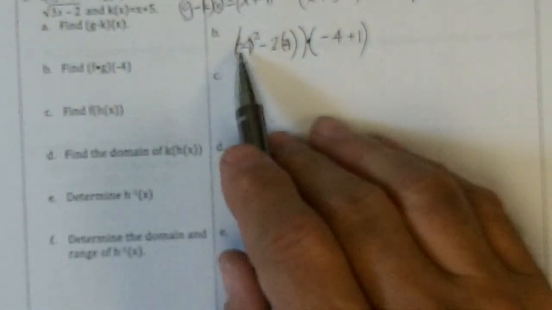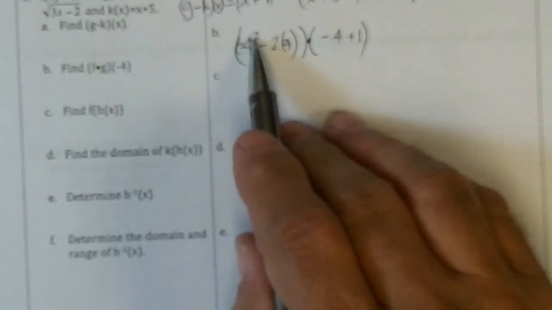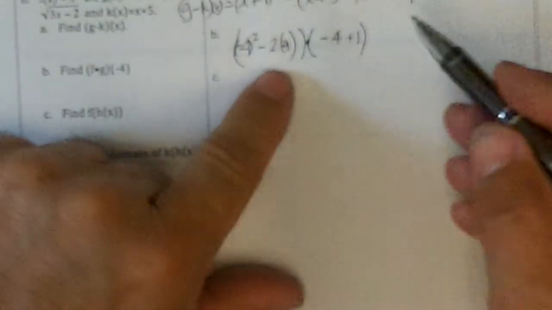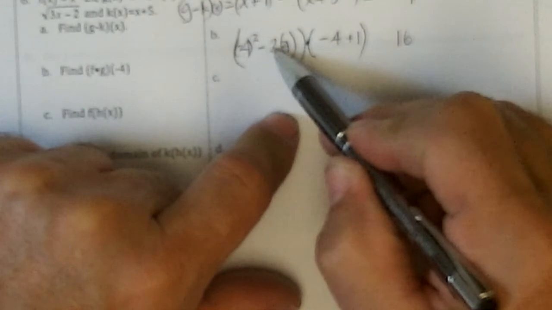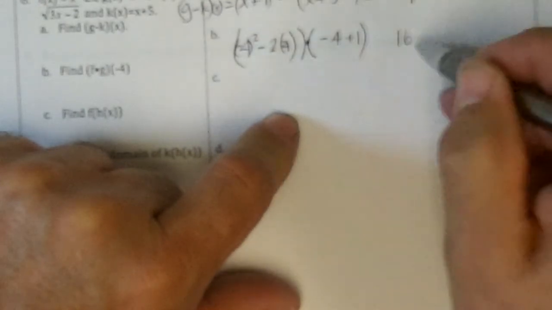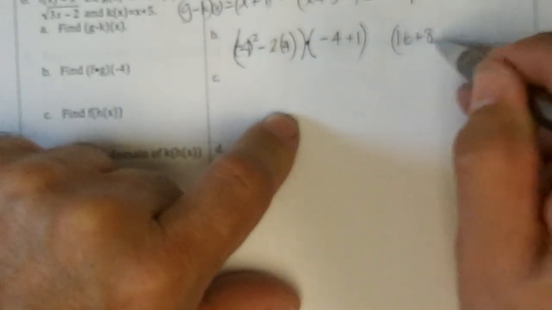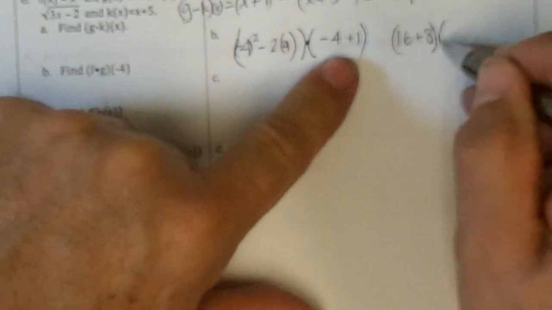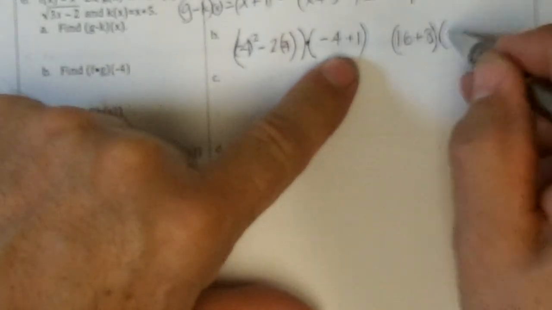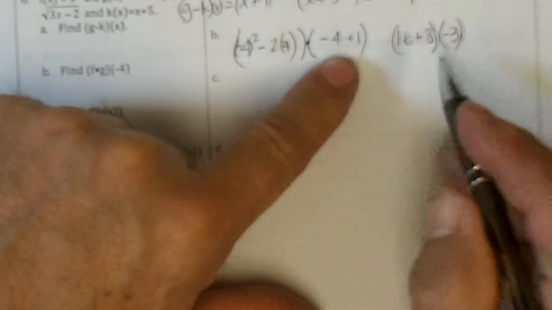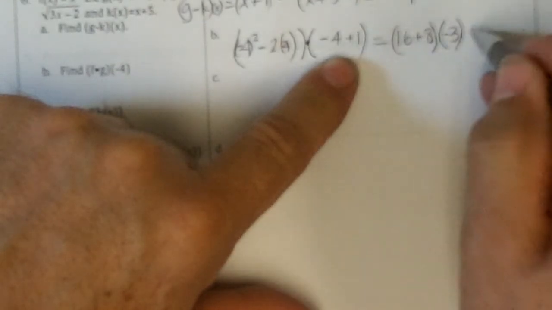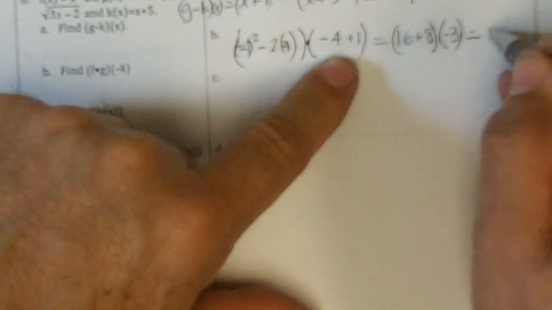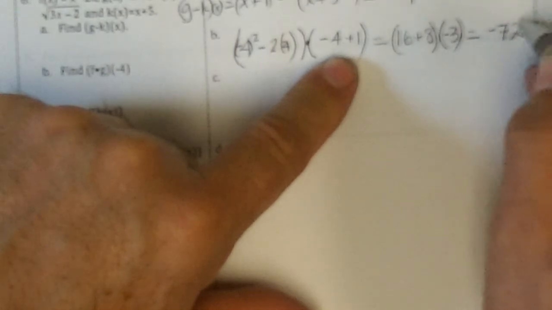So I have -4 quantity squared, which is 16, and -2 times the -4 is plus 8. And I got to take that times -4 plus 1 is -3. So that's 24 times the -3, which is -72.